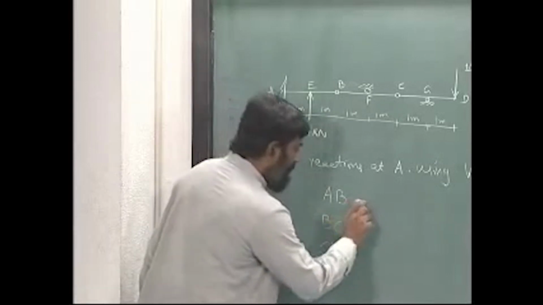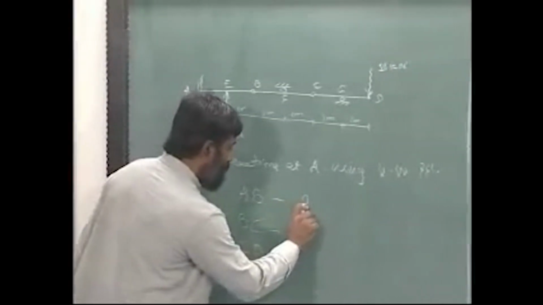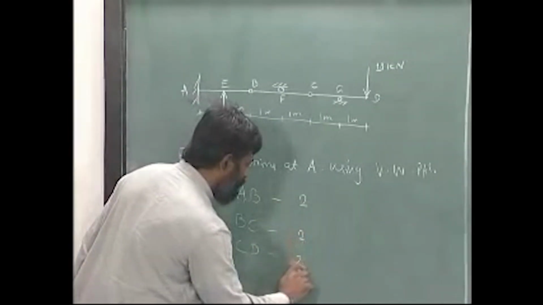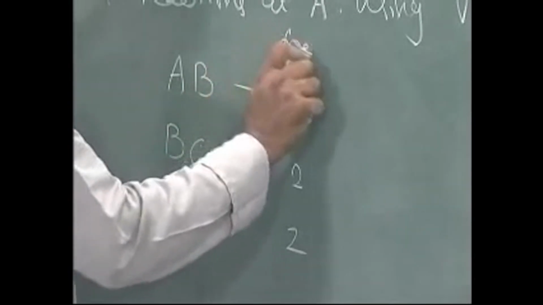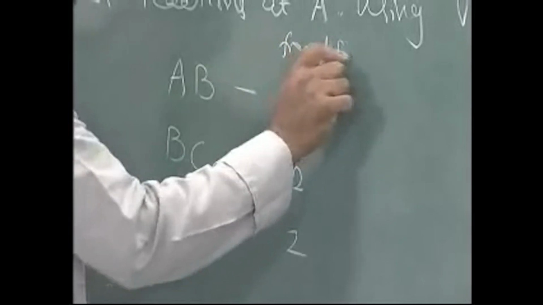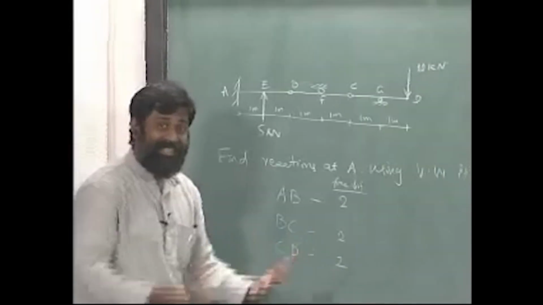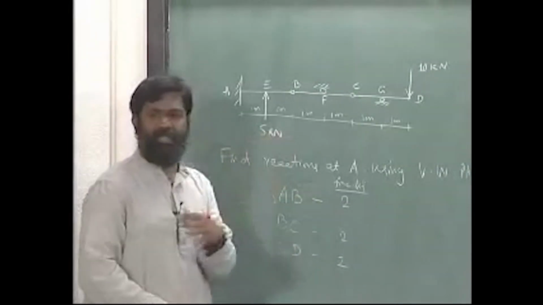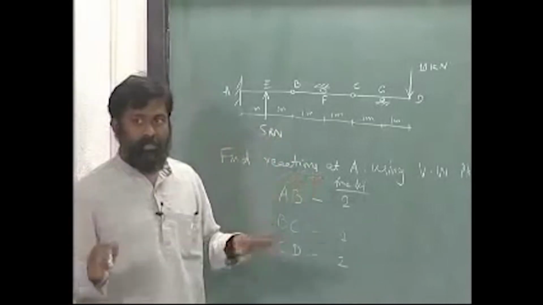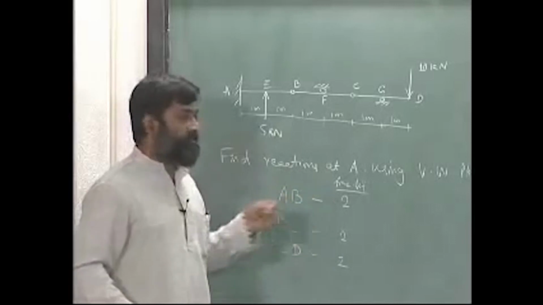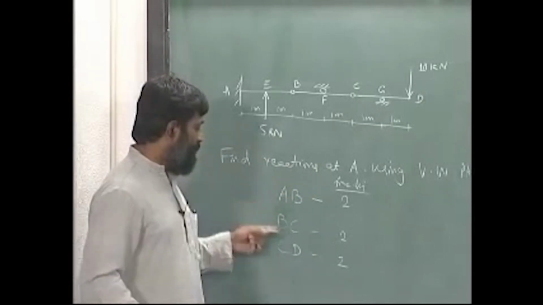So as it is, we already know each one of them can have 2 degrees of freedom, so I am just writing that here. Okay. This is free degrees of freedom. It does not make sense, but let us just understand it this way. If I completely free it as a beam, which means horizontal displacement is redundant, 2 degrees of freedom possible for AB, BC and CD.